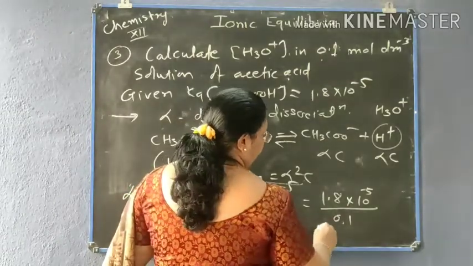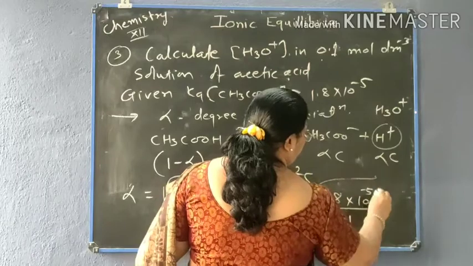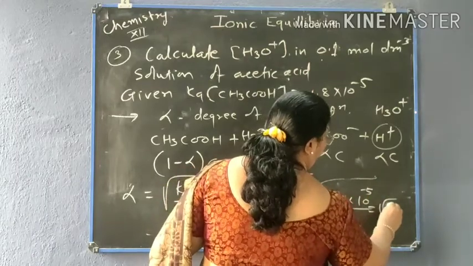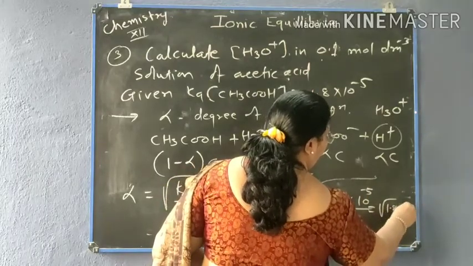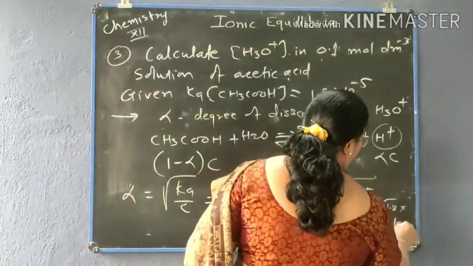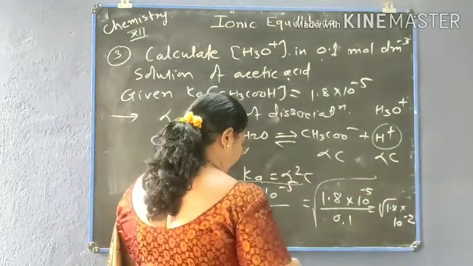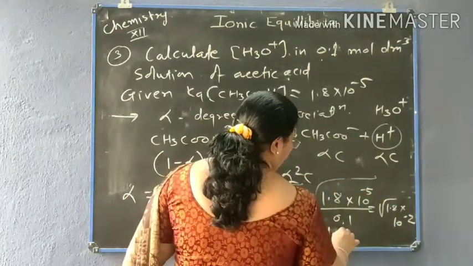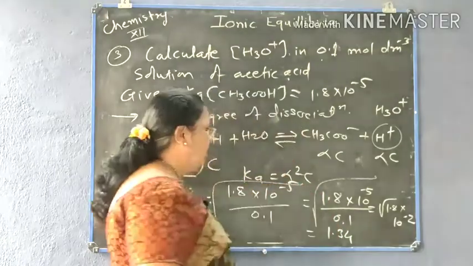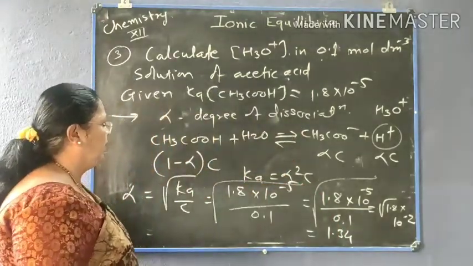This can be written as square root of 1.8 into 10 raised to minus 2. Then the square root of 1.8 is considered as 1.34.